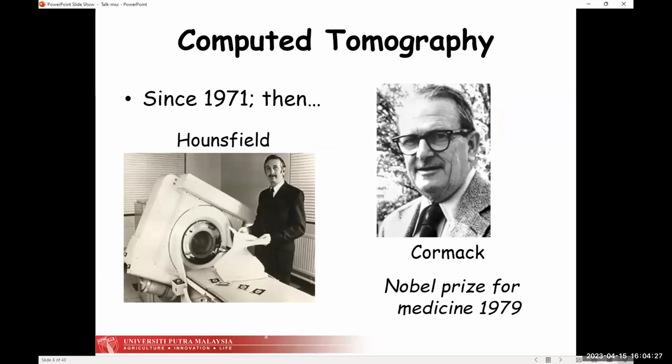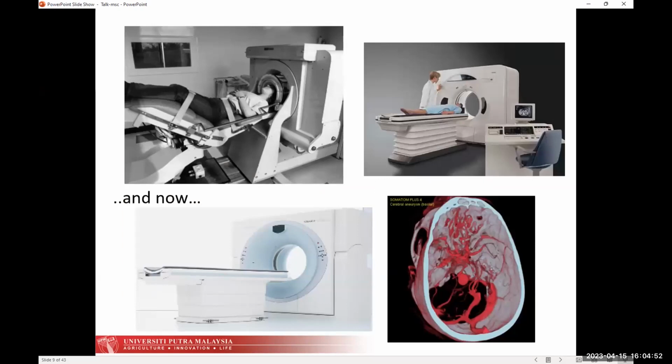Okay, going back to the history of CT scan. We all know that CT was invented by Sir Godfrey Hounsfield in 1971, along with another researcher who was working independently on the CT scan, but still they share the Nobel Prize in medicine, which was in 1979. From the prototype, which took about a minute to produce one single slice of CT scan, we have seen the CT keep evolving, right?